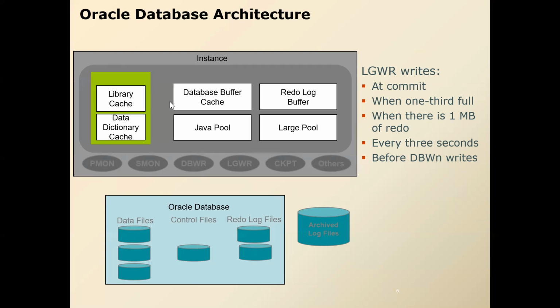So a copy of that dirty buffer gets written into the redo log buffer, and data from the database buffer cache gets written to the data files using the DBWR process, the database writer process.